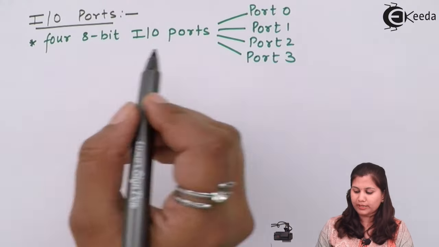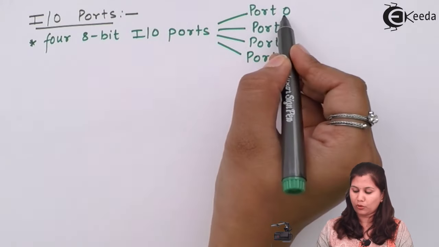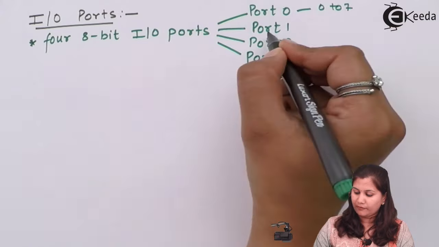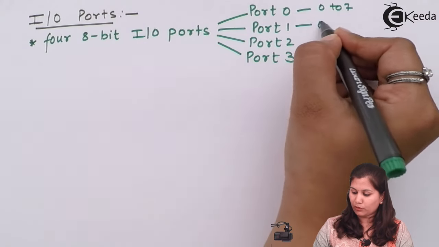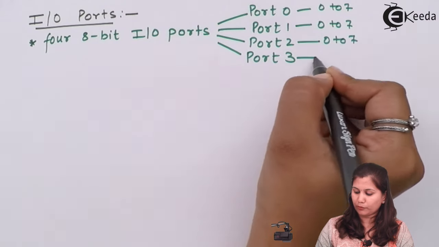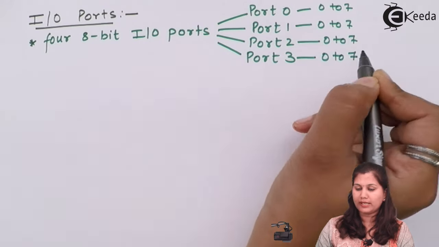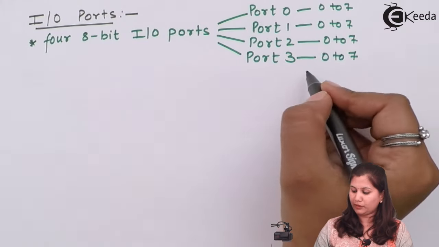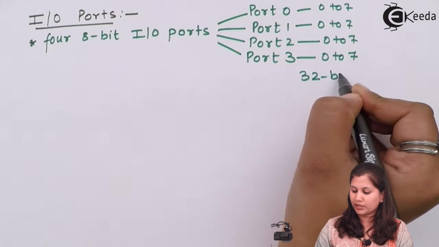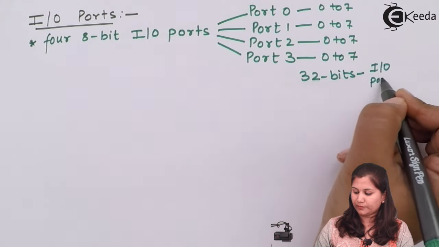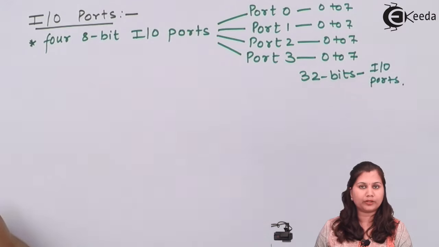Each port is of 8 bits, so port 0 has 8 bits from 0 to 7. Port 1 also has 0 to 7, port 2 also 0 to 7, and port 3 also has 0 to 7. So these are the 8 bits for each of the 4 ports, so we have a total of 32 bits which can act as the input output ports or input output pins.